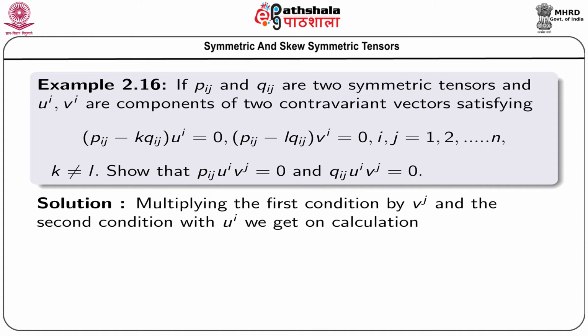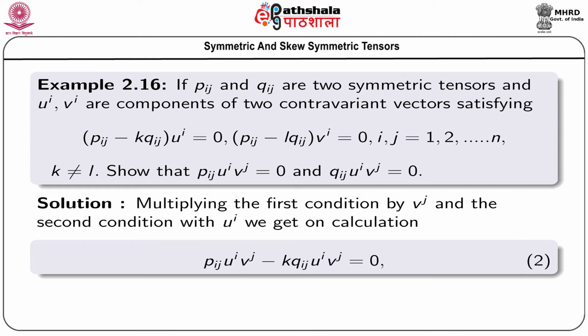So, multiplying the first condition by vj and the second condition by ui, we get, after calculation, Pij ui vj minus k Qij ui vj equals 0. So, from the given two relations, we get this one.